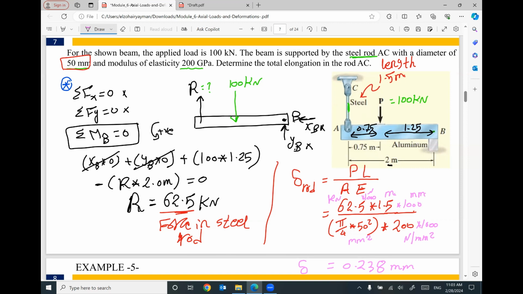So the final elongation will be 0.238 millimeter. So to solve this kind of problem, the first step I used engineering mechanics, equilibrium equations, to figure out the force in the steel rod AC. Then I used mechanics of materials, where the elongation or the change in the length equals PL divided by AE. The force in this rod I figured out from engineering mechanics.